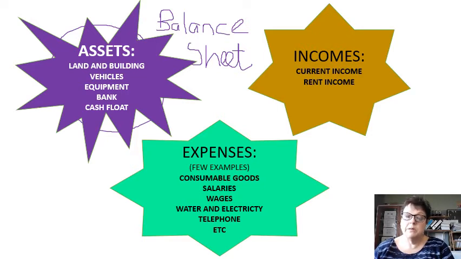This is just a few examples. Consumable goods, salaries, wages, water, electricity, telephone, insurance is an expense, packing materials an expense, repairs, all of those are expenses. But what really is important is that incomes and expenses are all in the nominal section.